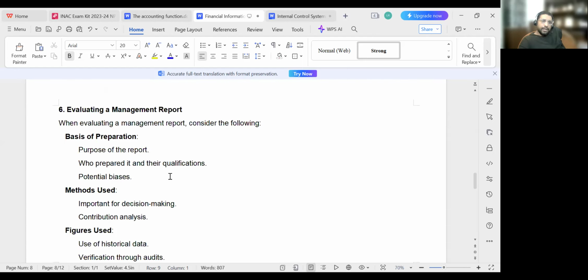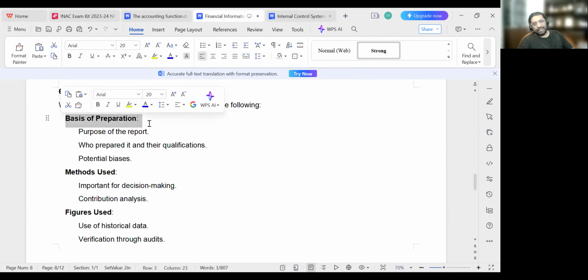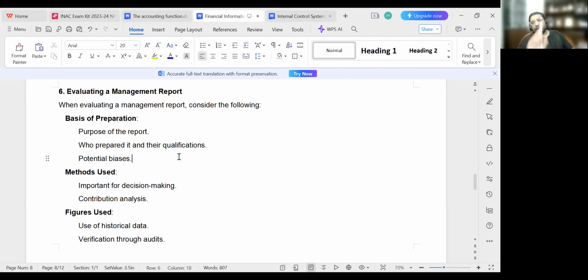Okay. All right. So when you get a management report, you have to see whether the report is a good report, whether you should be relying on that report or not. That would involve a small process like basis of preparation, on which basis it was made.